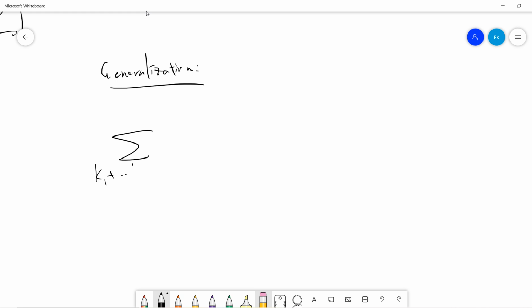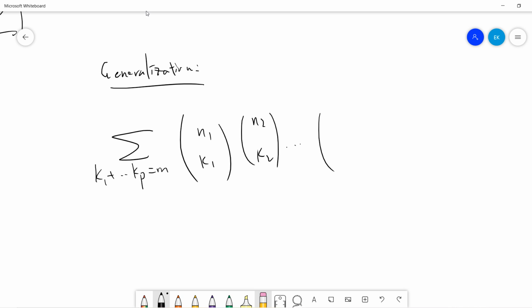Let's talk about another thing: one generalization, an obvious generalization. This equals, with i from 1 to p, the sum of the n_i, taken as the m's power.